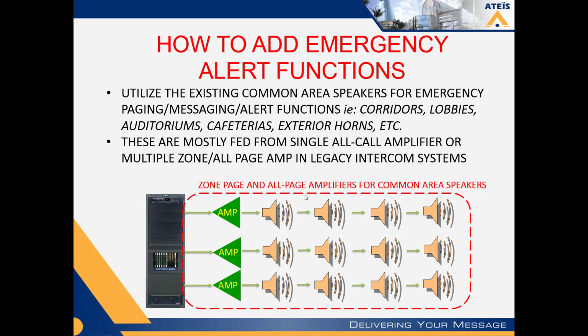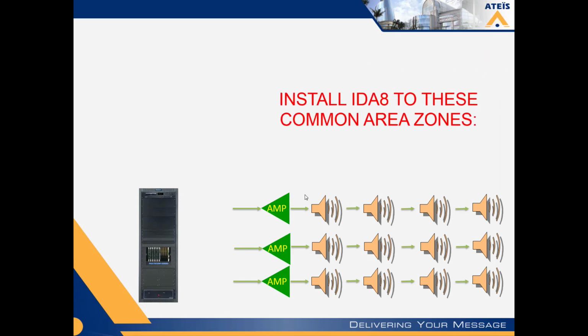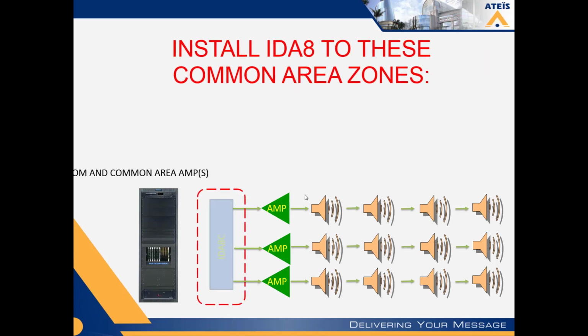There's no one single way to do it. There's a bunch of different ways, but in almost all cases, there's going to be one external all-page amplifier that's used to handle all the speakers in the whole school whenever you do an all-page or the bells go off everywhere. And this is what we're really concerned with. This is where we're going to put our equipment and make this all work.